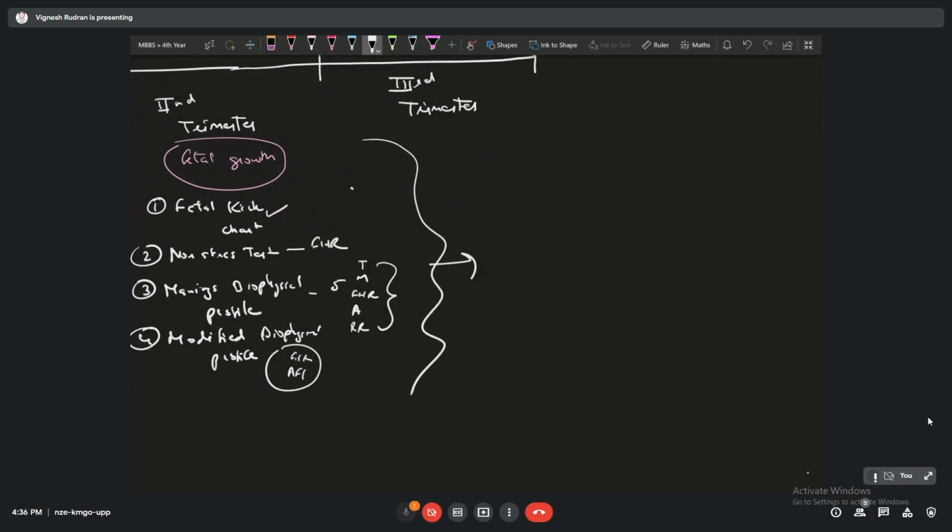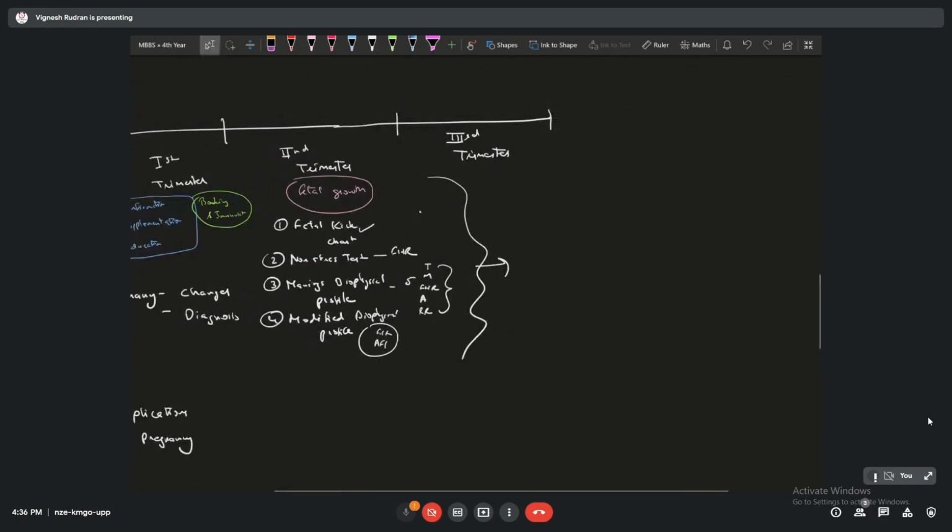And once your delivery takes place, you have your neonatal resuscitation and all of those things, and your trauma care, all emergency care like your ECGs, and then your pulse oximetry, your oxygen saturation. All of those are going to be in your third trimester. Or your intrapartum surveillance, you would use similar methods only, like your fetal heart rate and fetal respiratory rate and all of those to assess in the third trimester.